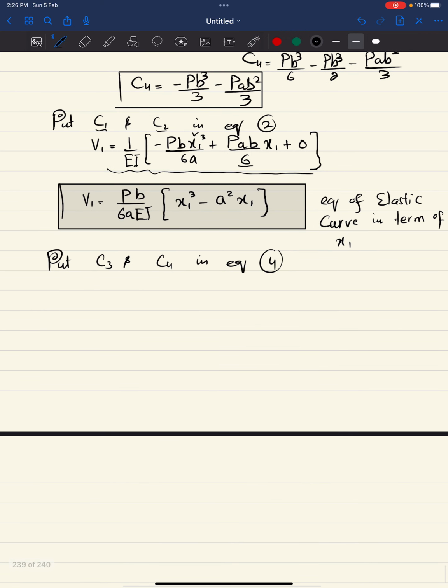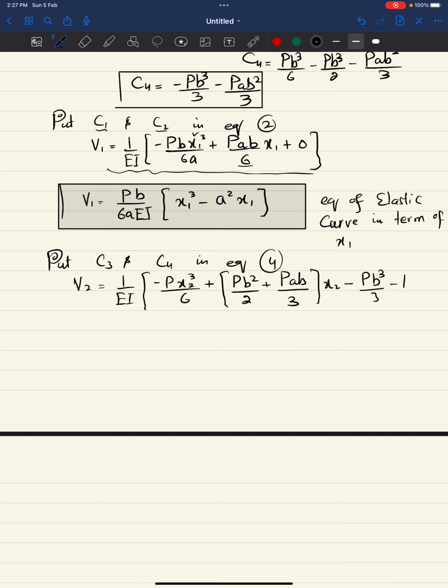So when you put it, you will get V2 is equal to 1 over EI into minus P into x2 cube over 6 plus C3 x. C3 is Pb square over 2 plus Pab over 3 into x2 plus C4, and C4 is minus Pb cube over 3 minus Pab square over 3.